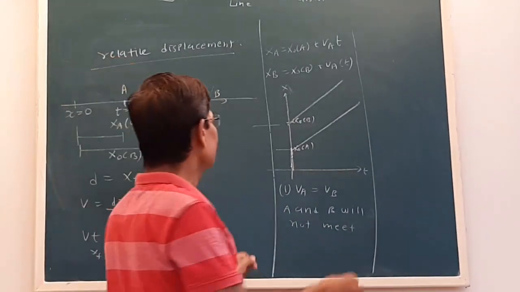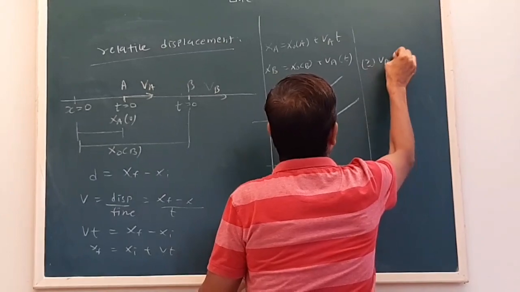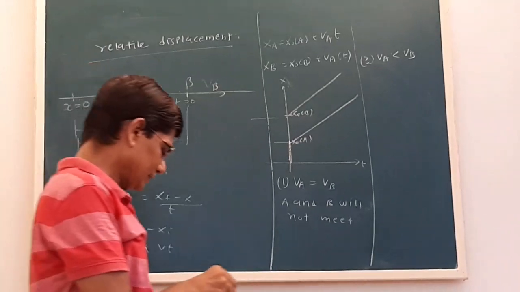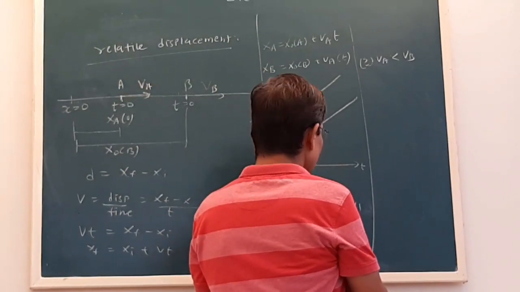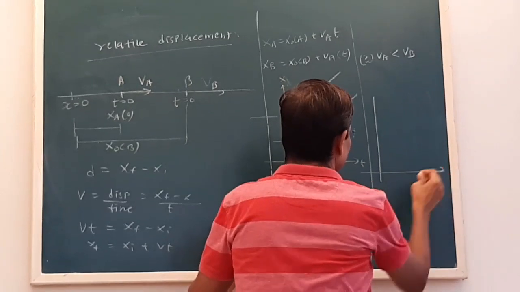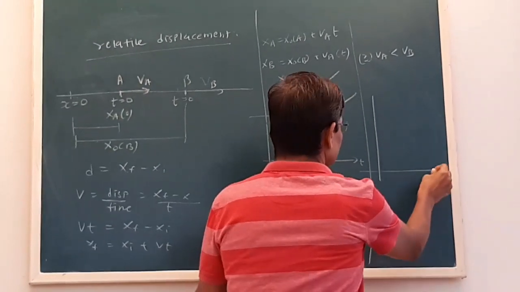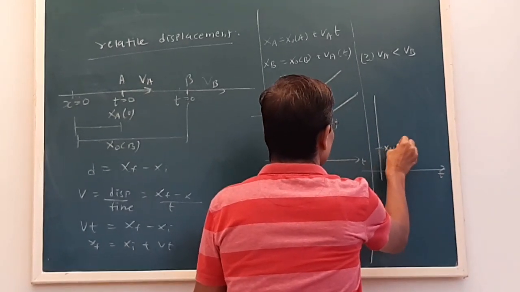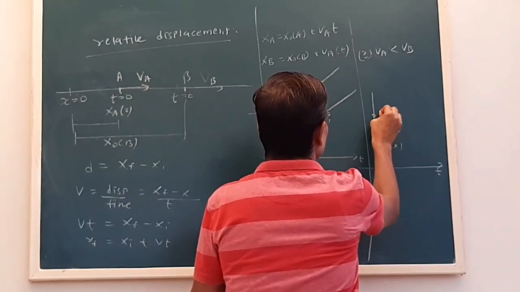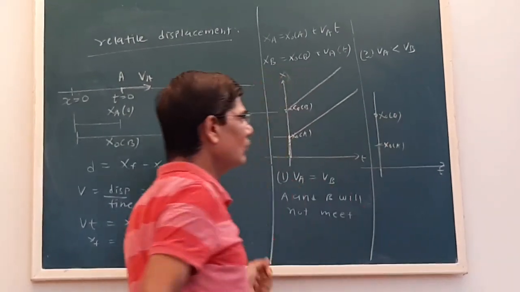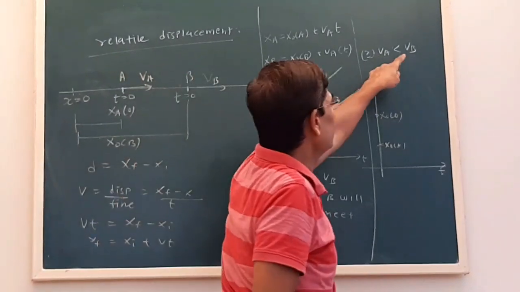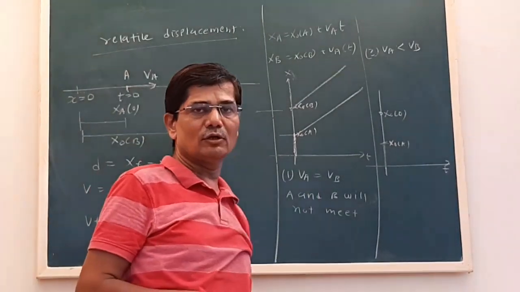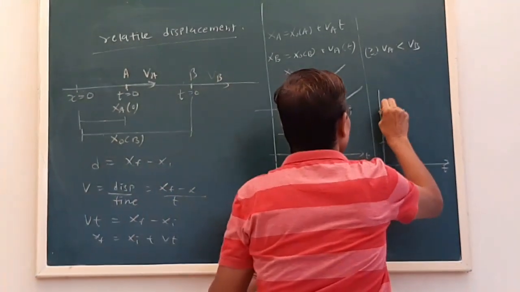Now see the second possibility. Let us say A moves with less velocity. Suppose I want to plot on the graph. This is again our x0A and x0B. Now what we see here is that the velocity of A is less than the velocity of B. So in a given time interval, because the velocity of B is more, B will cover a larger distance.